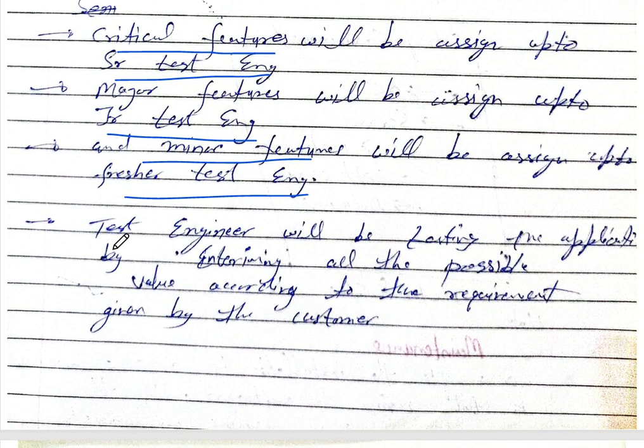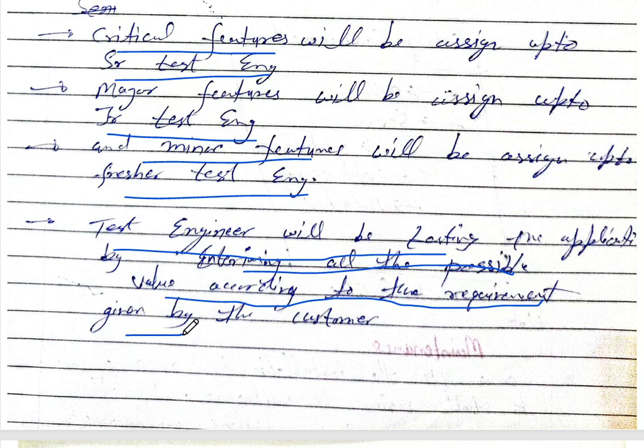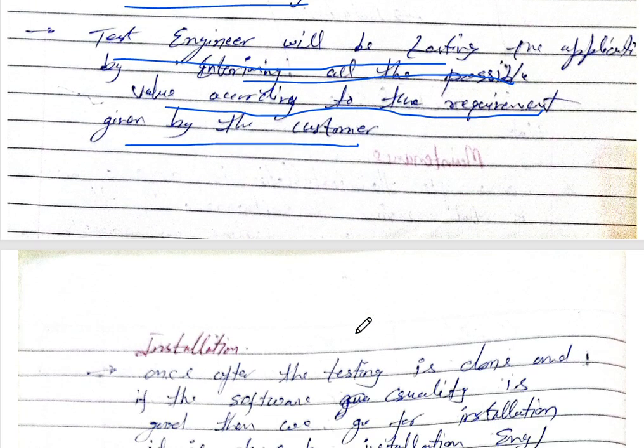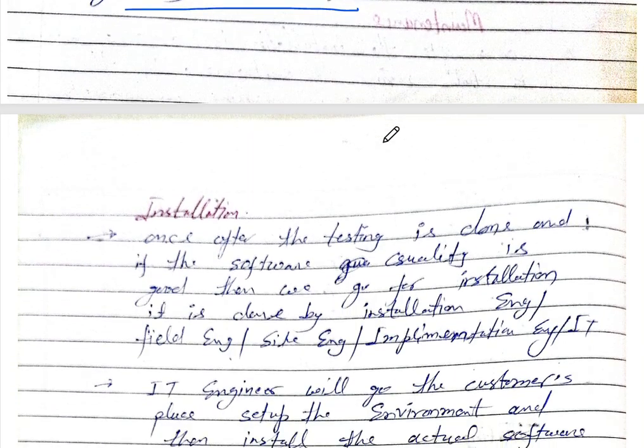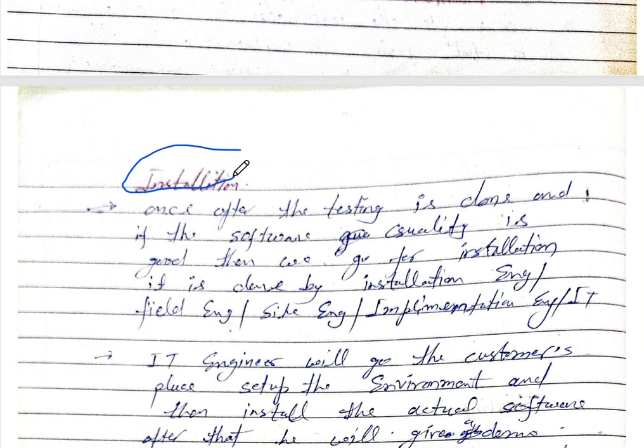Test engineers test the application by entering all the possible values according to the requirements given by the customer. Okay. So once after the testing, we go for the installation.